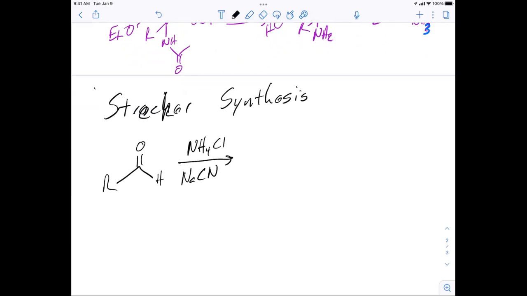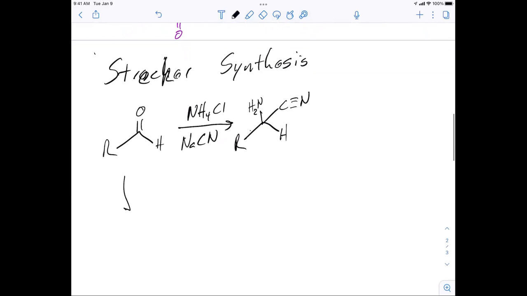So this is producing the hydrogen cyanide in situ. This does two things at the same time, right? We're going to replace our oxygen with that nitrogen, and then we get the cyano group attached.